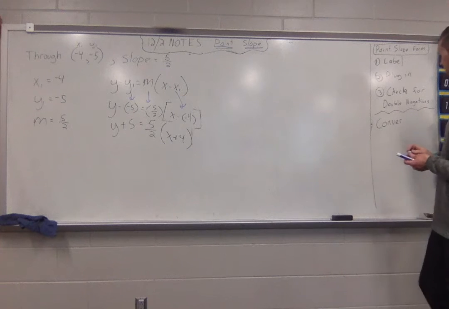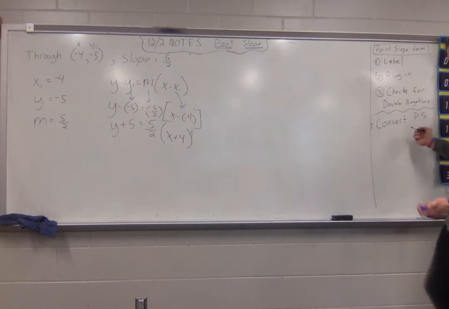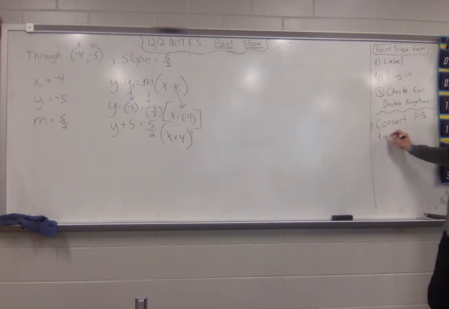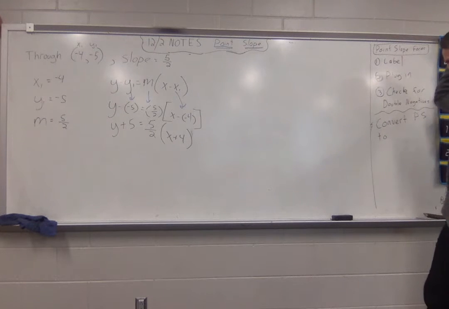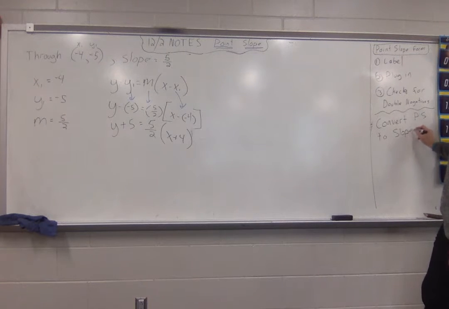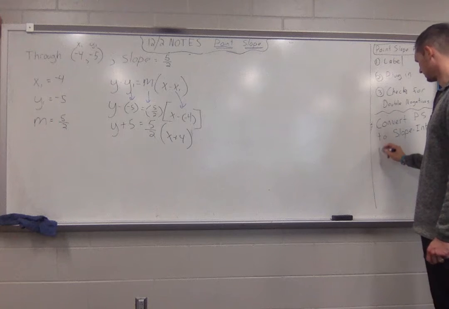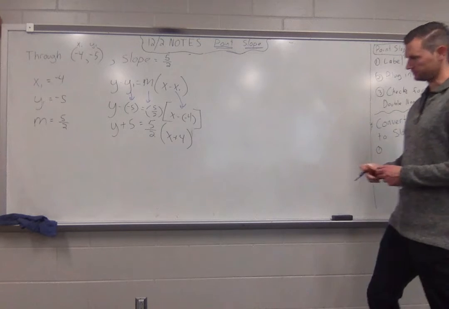PS stands for point slope. Convert point slope to... The slope thing. Slope thing is not the technical term, but it's called slope intercept. That's what I said. I said intercept. You said slope thing. You just said slope thing.